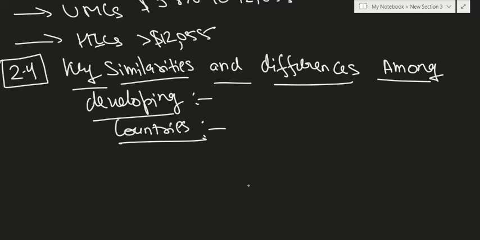Now we would be moving forward to unit number 2.